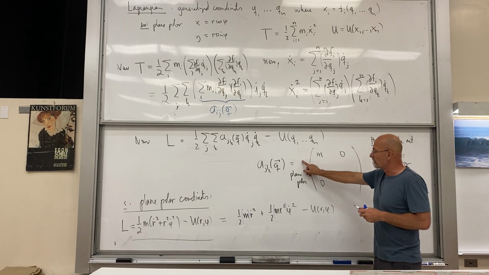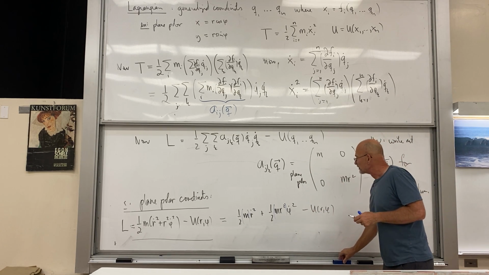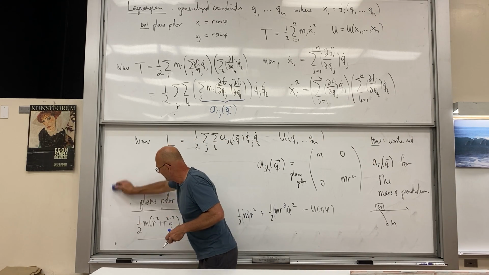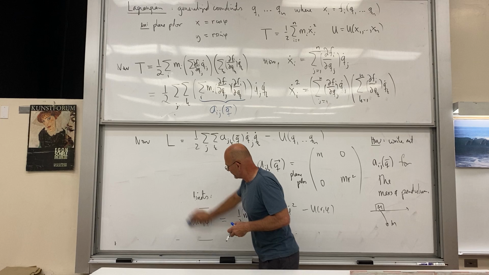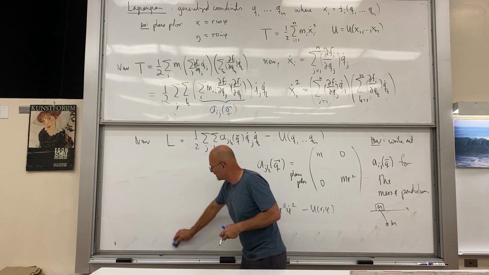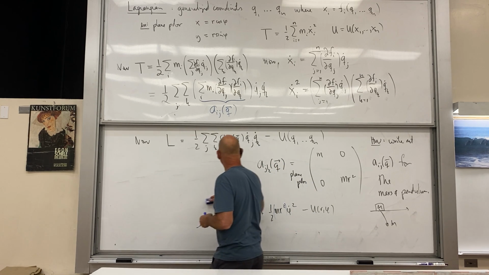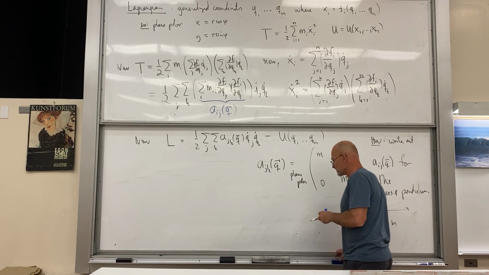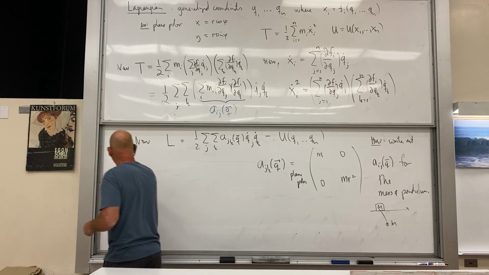So let's do some properties. I'm going to erase this now. Let's do some properties of this a sub jk. I'll just put these down as notes.